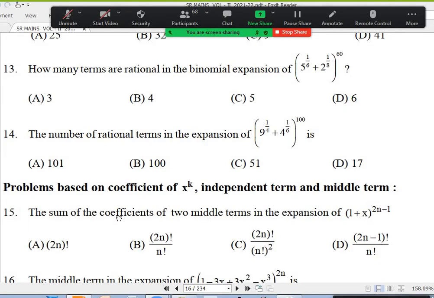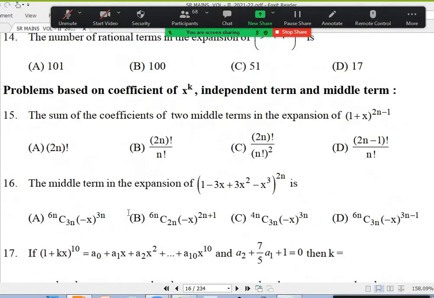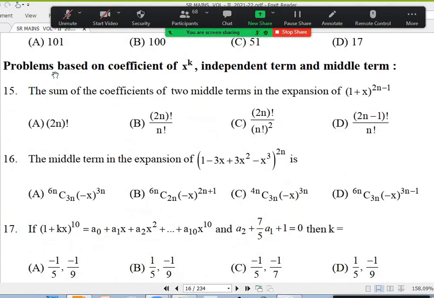Okay, so these questions from 15 onwards are based on finding the coefficient of x square or x cube, or the independent term, or they can even ask the middle term. One more thing, through the questions only we will know.